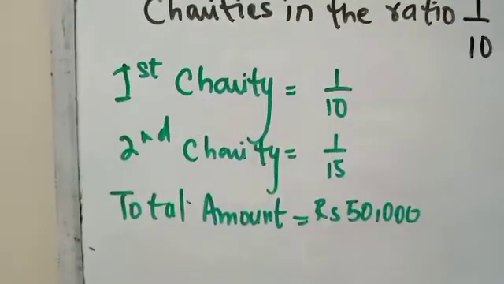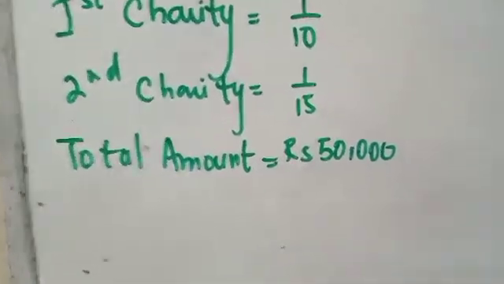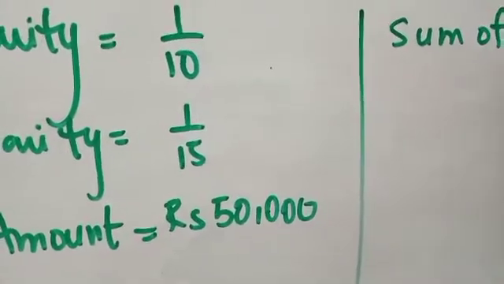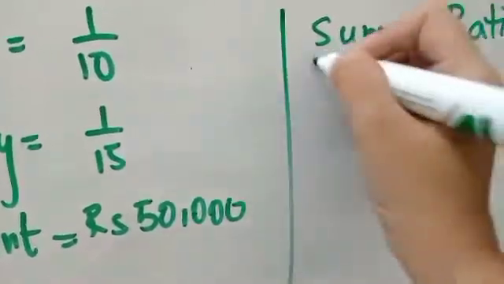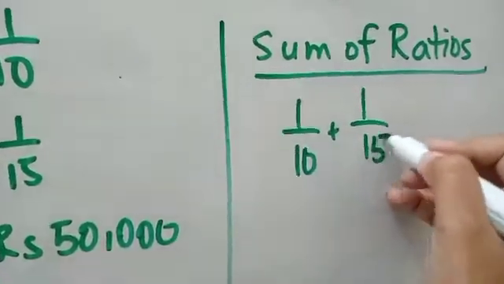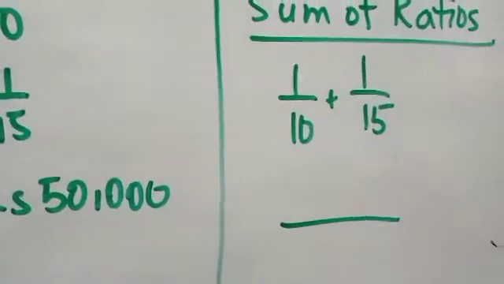When these types of questions are given, your first thing is to find the sum of ratios. We have to work for it because they are given in fractions. Sum of ratio means 1/10 plus 1/15. It is given in fractions, so I have to take out the LCM.